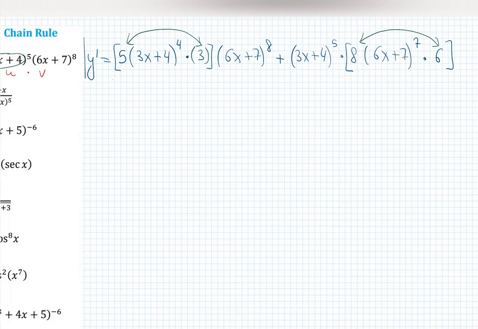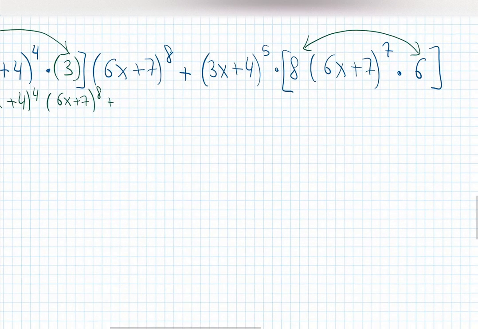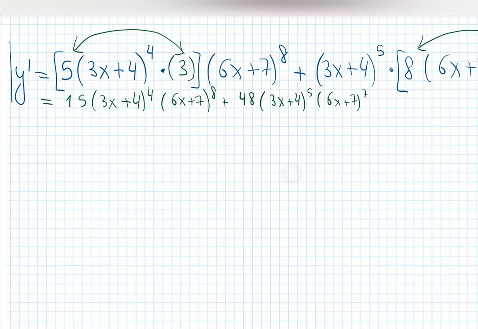It becomes 15 times 3x plus 4 to the 4 times 6x plus 7 to the 8, plus 8 times 6 is 48, times 3x plus 4 to the 5 times 6x plus 7 to the 7. And this is the answer.